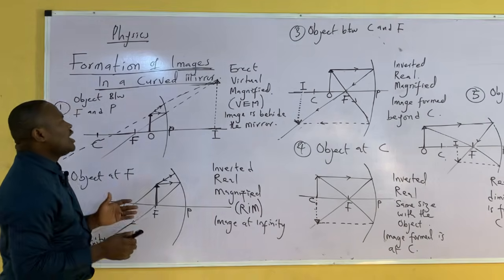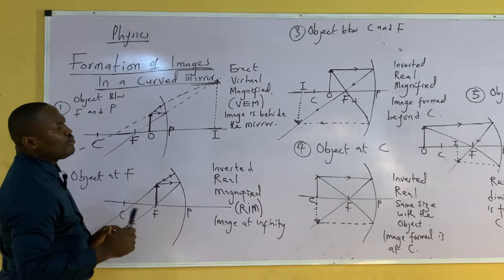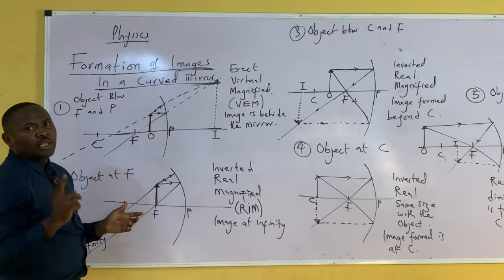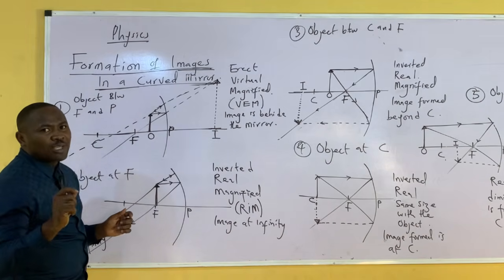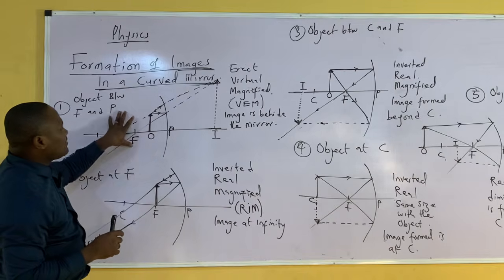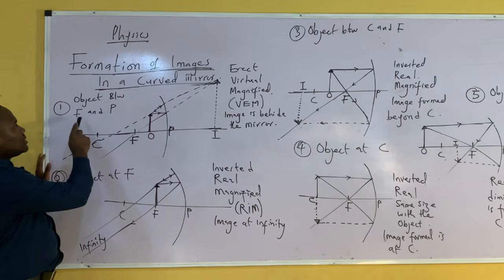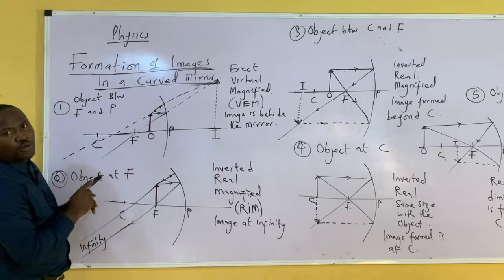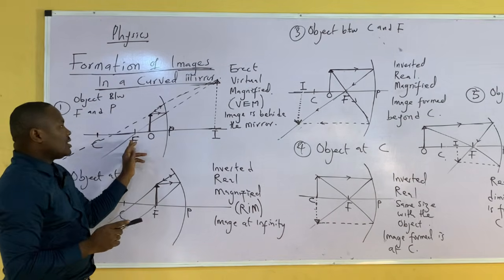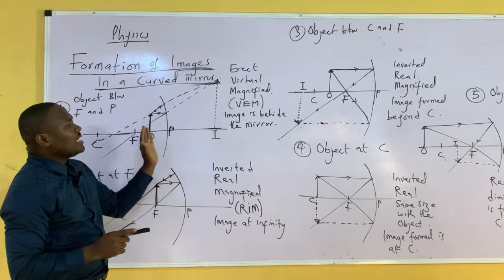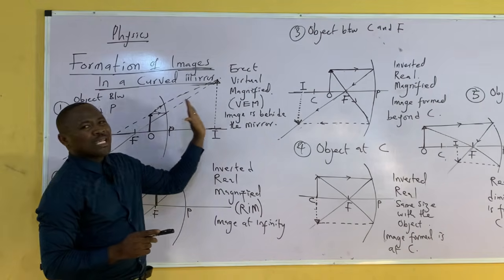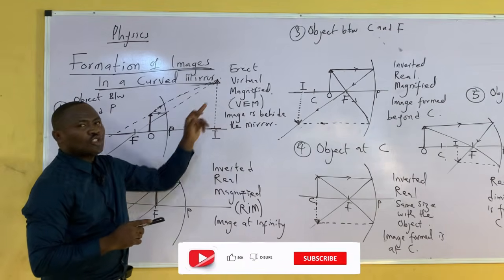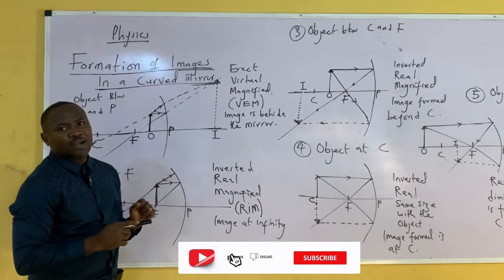If you check this whole diagram, there is only one case where a virtual image was produced: the first case, where the object is between the principal focus and the pole of the mirror. The image was formed behind the mirror, and the image was erect, virtual and magnified.